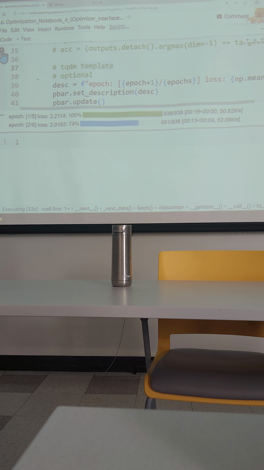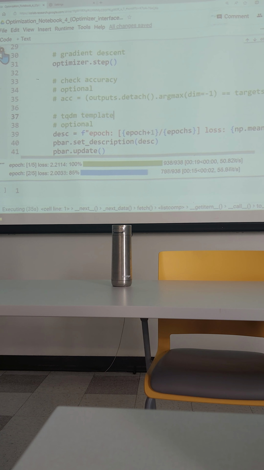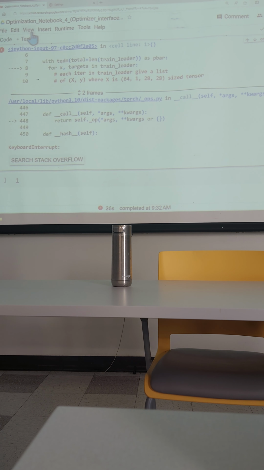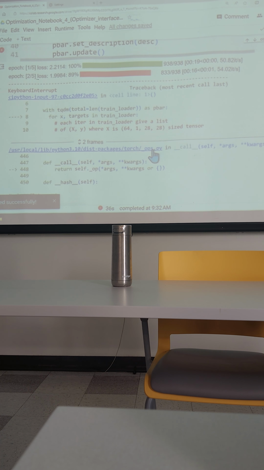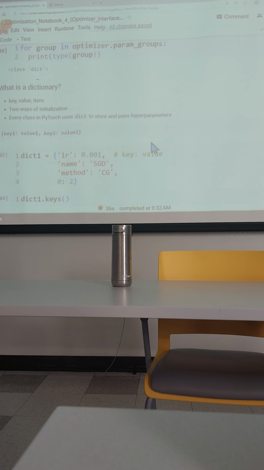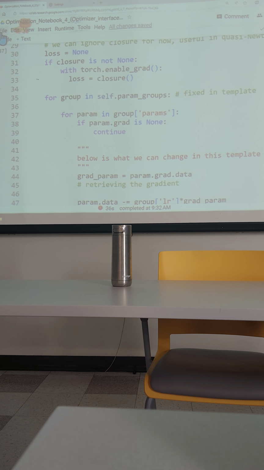But basically, this is a template. Let me just stop. So this is the template, and that's it for today. Our homework will be based on this template. Let me upload this.